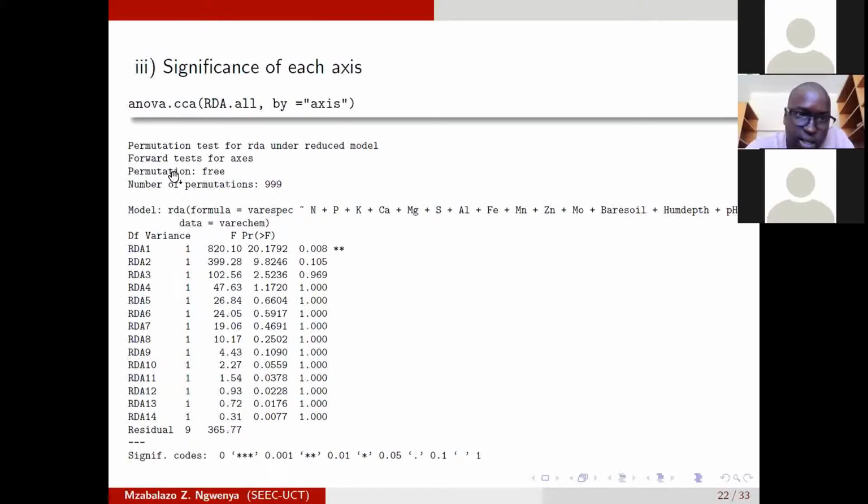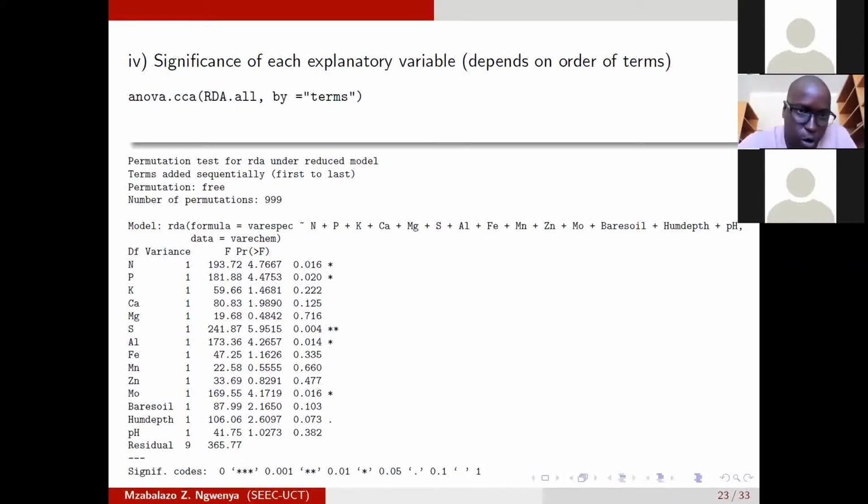When we do that, we find that only the first axis is significant and the other axes are not. What we're really interested in is axis 1 and axis 2 being significant, and we see that we've fallen short here: our second axis is not significant.